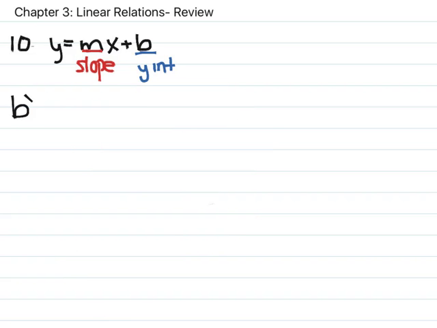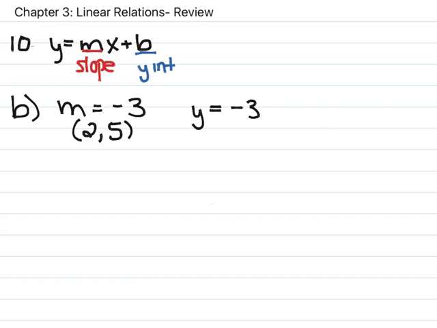Moving on to b. Here you have a slope of negative 3, so m is negative 3. Again, you're given a point, 2, 5. You start your equation, y is equal to negative 3x plus b, because you haven't been given your y-intercept.